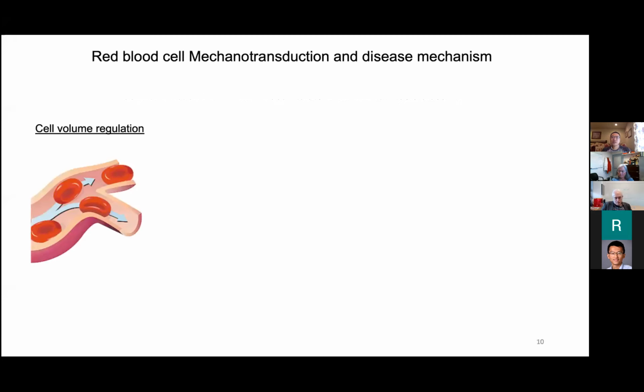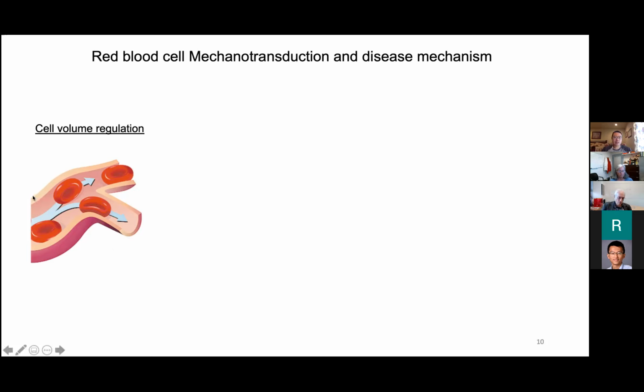With additional in vivo and in vitro experiments, we learned something new about red blood cell mechanotransduction dependent on piezo-1. I put a summary here. When the red blood cells navigate the circulation, they need to actively adjust their cell volumes because they need to be squeezed into smaller spaces. In this process, a lot of squeezing mechanical force is applied on the red blood cells.